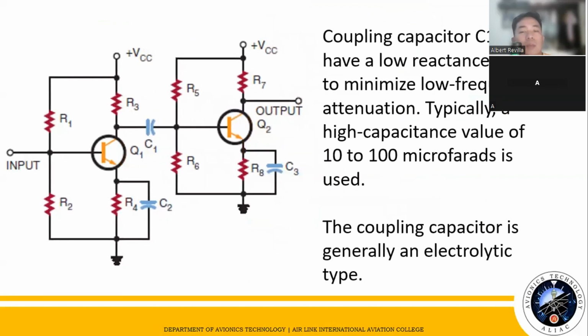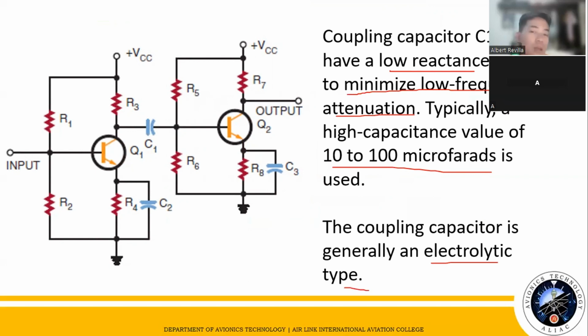So, coupling capacitor C1 must have a low reactance to minimize the low frequency attenuation. That's why a high capacitive value of 10 to 100 microfarad is used. So the coupling capacitor is generally an electrolytic type.